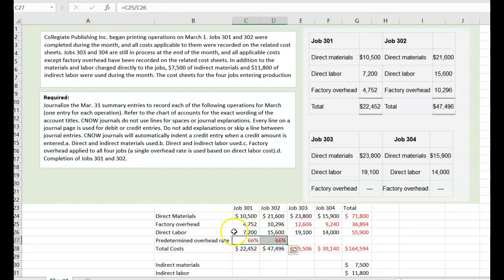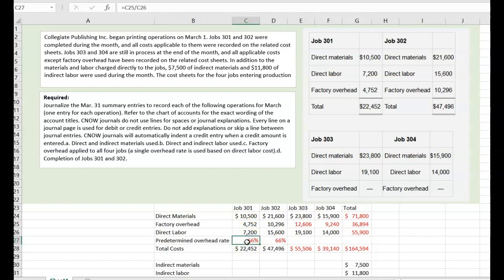Let me do that. Okay, so if we look at what they've done, we see that factory overhead is a percentage of direct labor at 66%. And they tell us factory overhead applied to all four jobs. They tell us right here, a single overhead rate is used based on direct labor cost, okay? So if I take factory overhead as a percentage of direct labor, I get 66%.